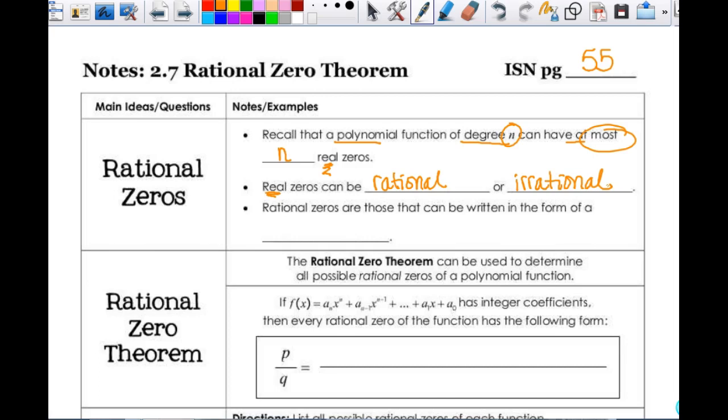And there's other forms, pi is an irrational number, right? There's not a fraction that actually gives you that actual value. So rational zeros or rational in general are those that can be written in the form of a fraction, okay? Because ratio should always make you think fraction mathematically. And your example here would be like P over Q.